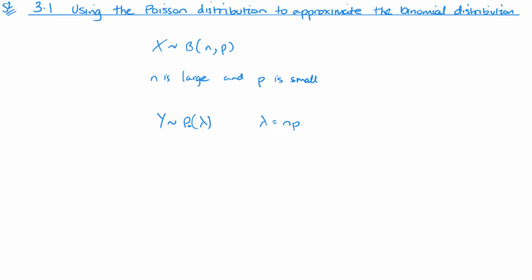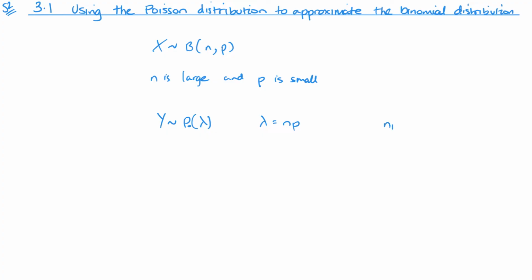And a good little hint here, now this is the first approximation we're doing, but we will be looking at some more as we go through the next few videos. So a good hint as we go forward is that if np is less than or equal to 10, then usually this Poisson distribution is a good one to use for the approximation.